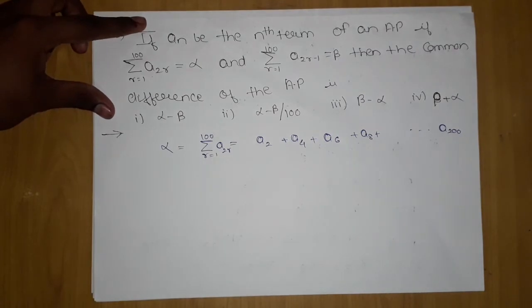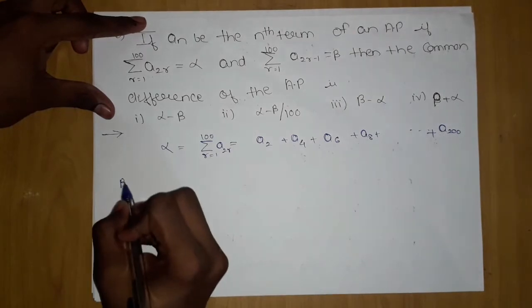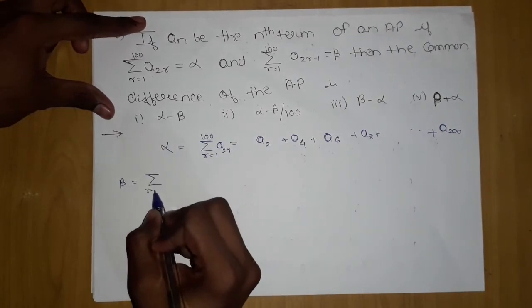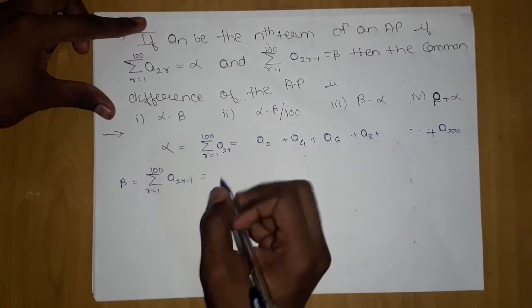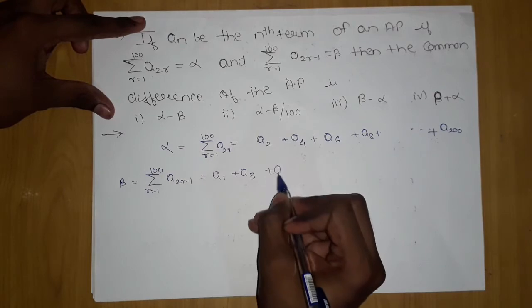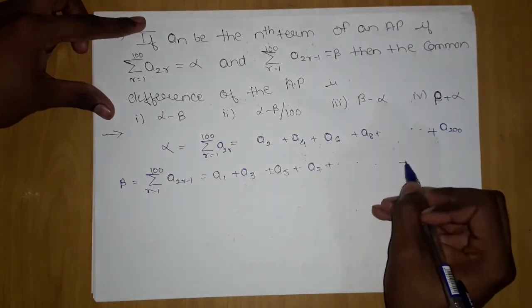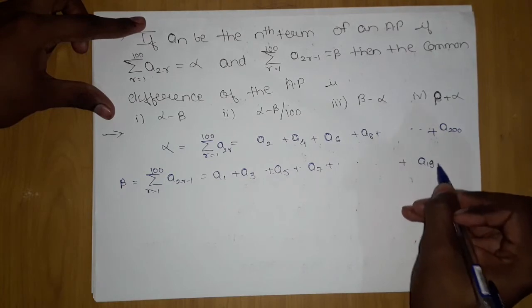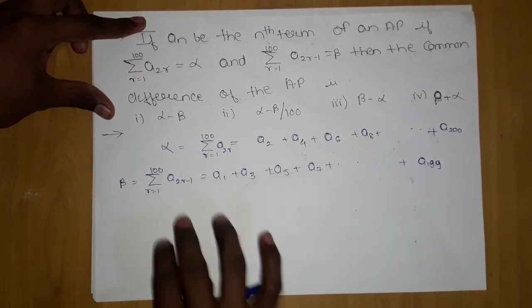We have 100 terms, and the last term is a200. Similarly, beta is the summation for r equals 1 to 100 of a_(2r-1), so we get a1, a3, a5, a7, and at the last we get a199. These are also 100 terms.